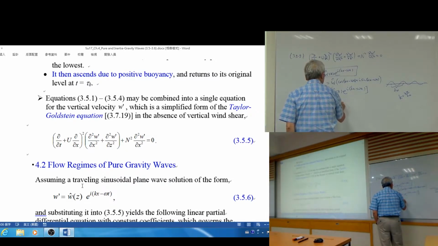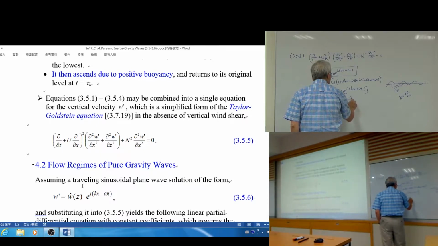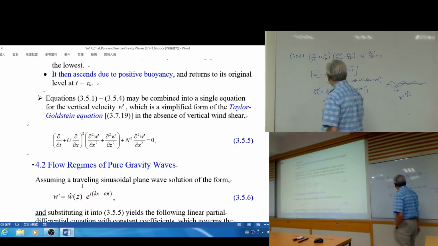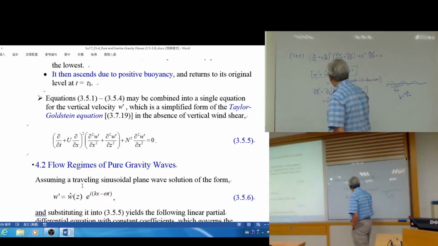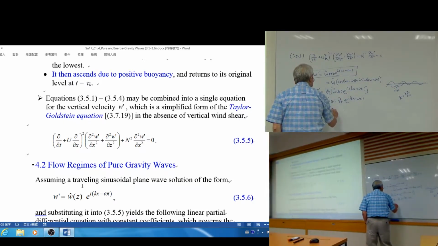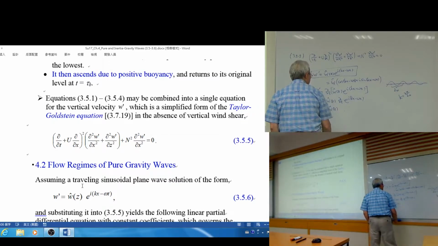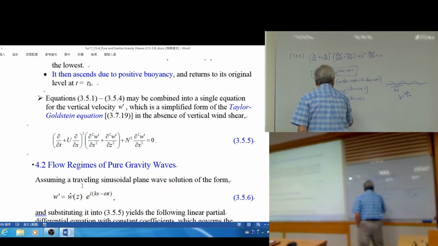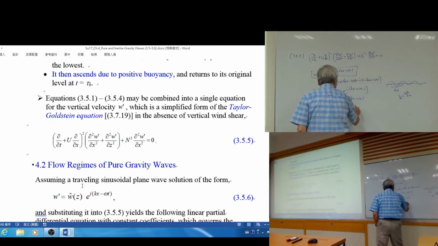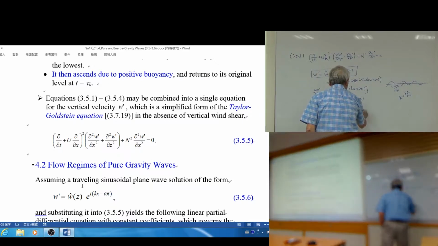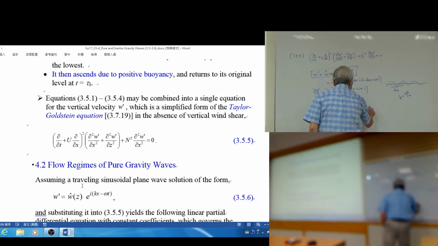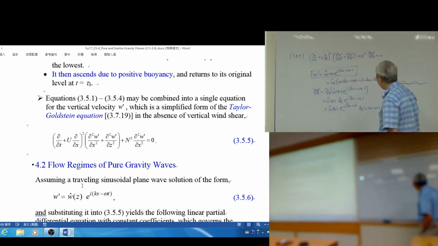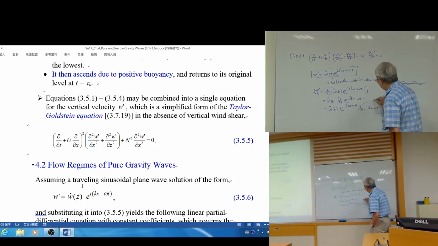Then d/dt of e to the i(kx minus omega t), so that equals W hat of g times e to the i(kx minus omega t) times d/dt of i(kx minus omega t).